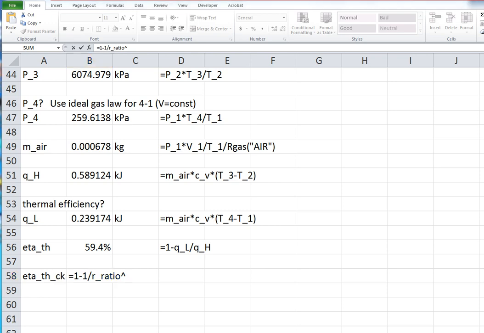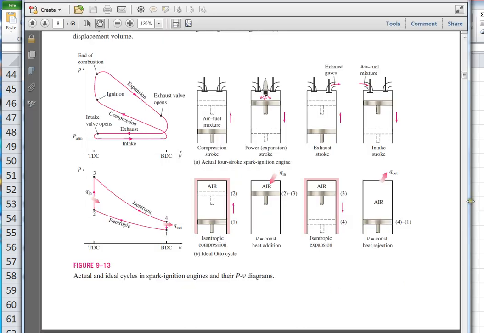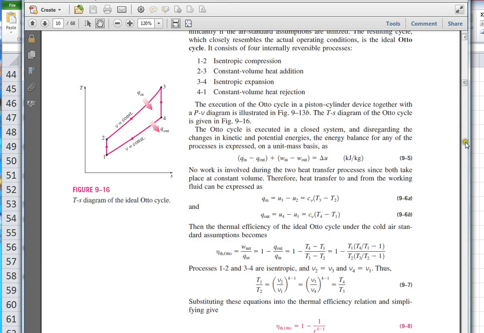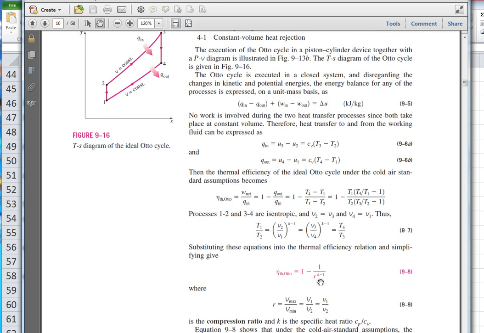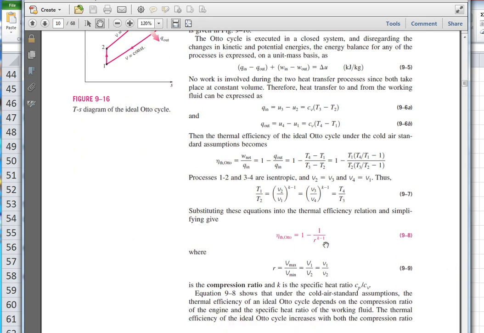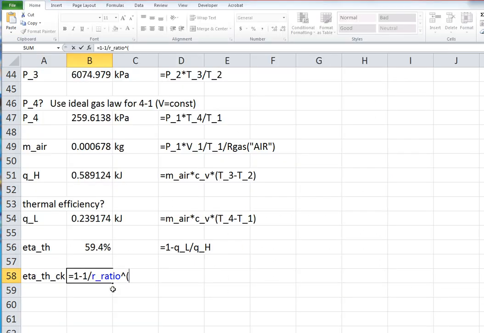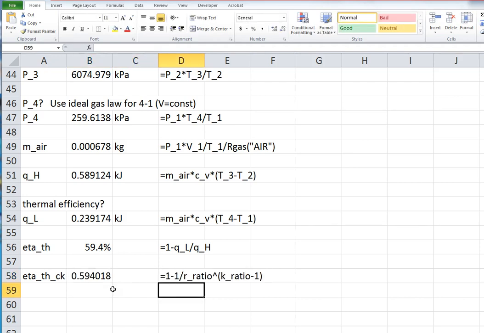So we'll take a quick look in the book here, see what he tells us. Oh, there it is. 1 over r to the k minus 1. So 1 over r to the k minus 1. And yep, that gives us the same answer, so we should feel good about that. And we could use either way.